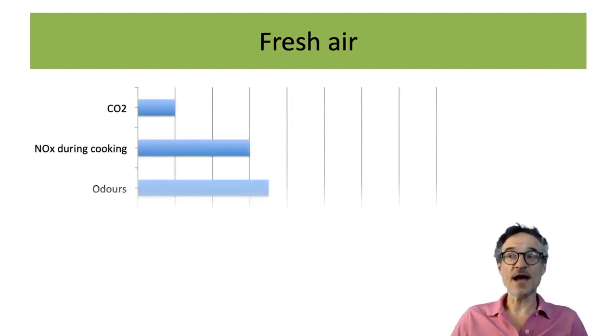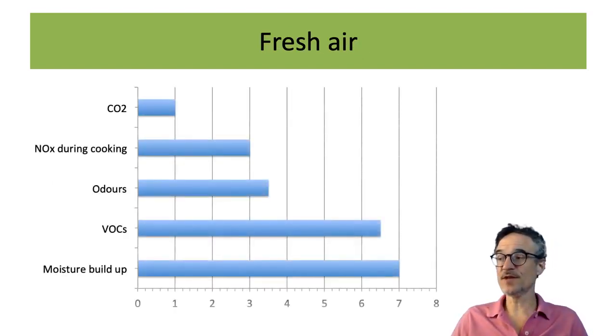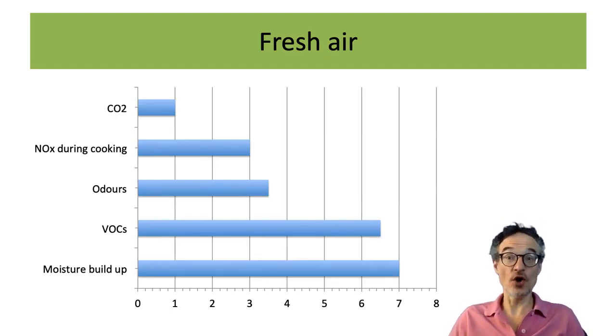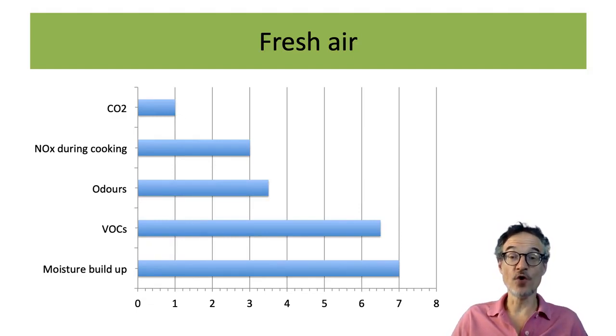So we need fresh air. The first thing you think about is often carbon dioxide that we need to breathe. In fact, oxygen is not a high priority for ventilation. There's plenty of oxygen in the air. Carbon dioxide is a problem.